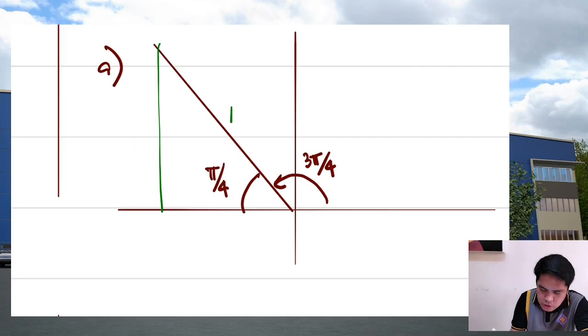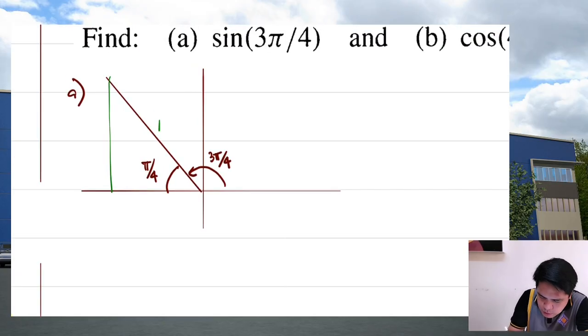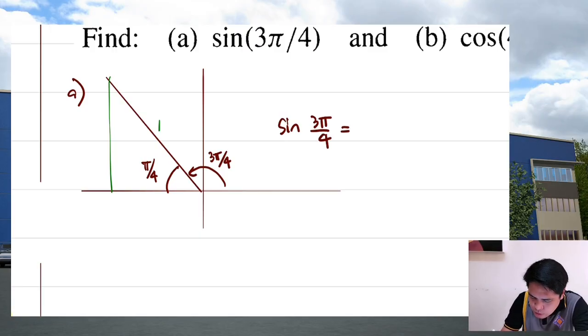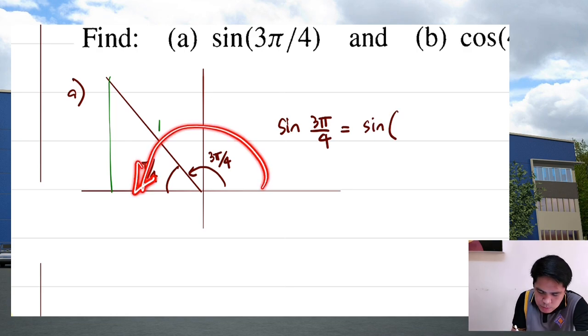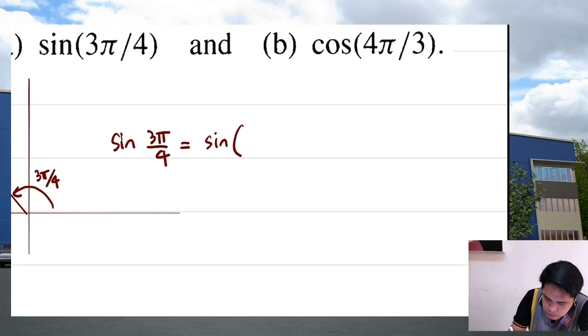And if this is a unit circle, this is 1. So, if we start with sine 3 pi over 4, I could rewrite this as sine of the supplement of pi over 4. It's a supplementary identity. So I can write it as pi minus pi over 4.